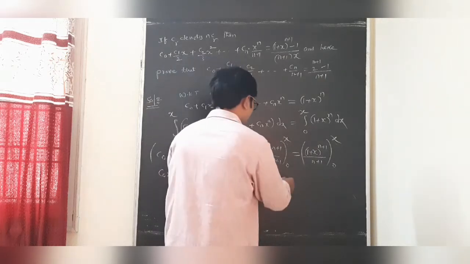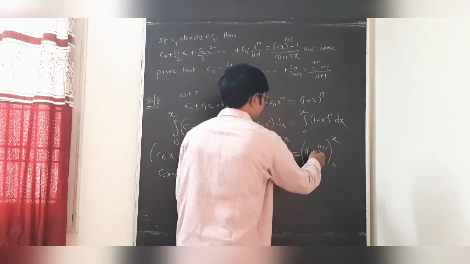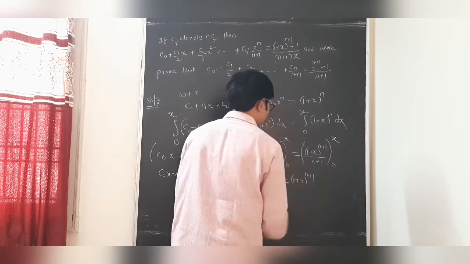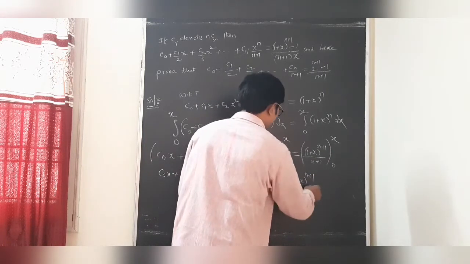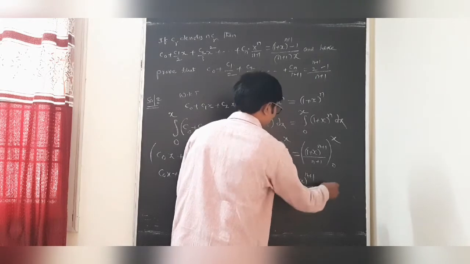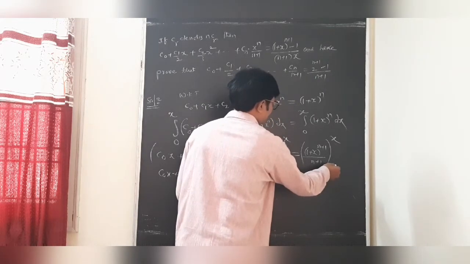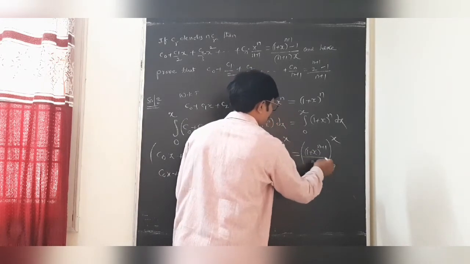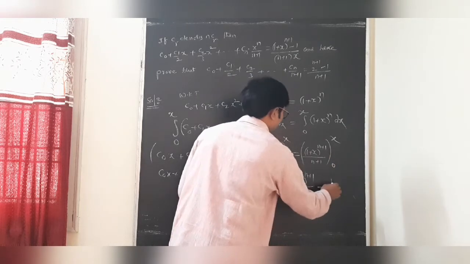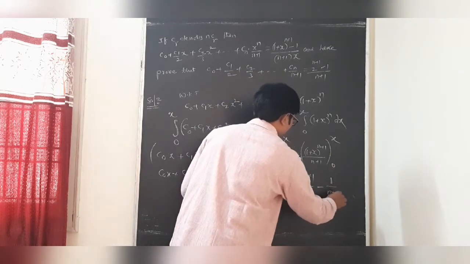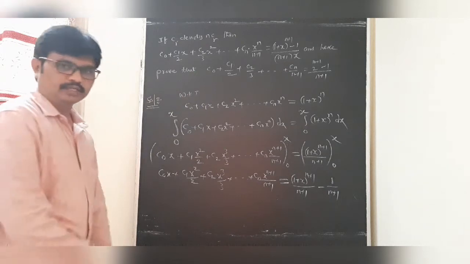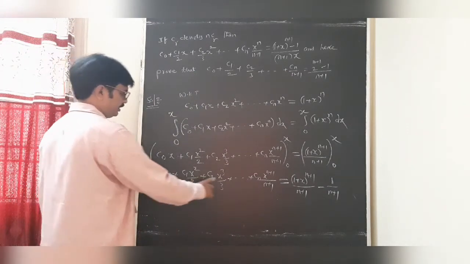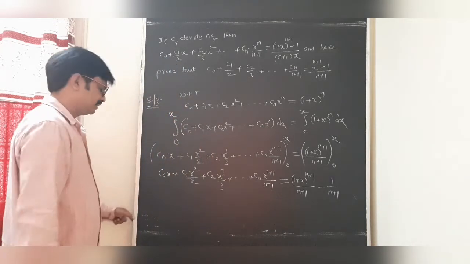So now substituting, this is (1 + x)^(n+1) upon n + 1 minus, when we are taking x equal to 0, 1^(n+1) is 1 upon n + 1. My dear students, we observed each and every term includes x on the left hand side.